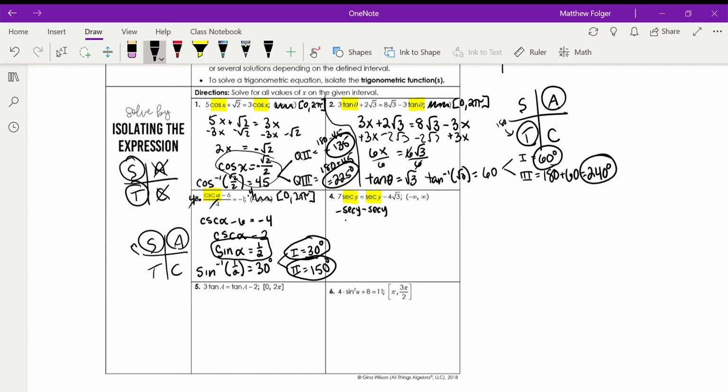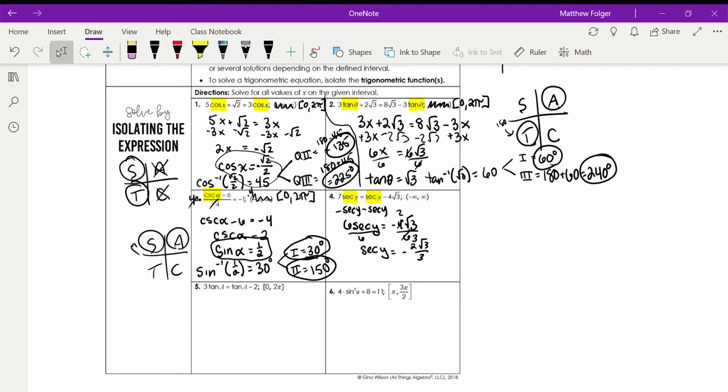Right? So that's going to be 6 secant y equals negative 4 square root of 3. And then you divide by 6. So these reduce to 2 and 3. So it'll be secant y equals negative 2 square root of 3 over 3.